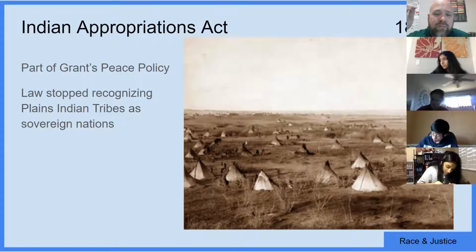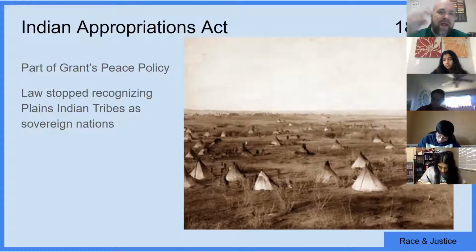It's important that you understand President Grant does not view the Native Americans as American. He views them as enemies within our borders. He's an army guy, right? So he thinks of everything in terms of enemy and ally, and the Native Americans are the enemy.